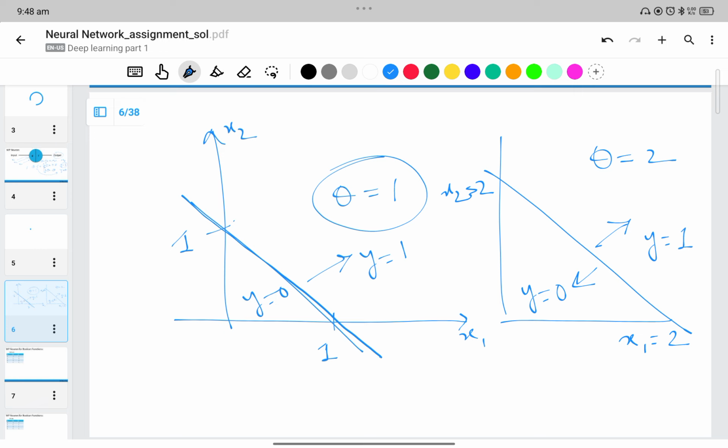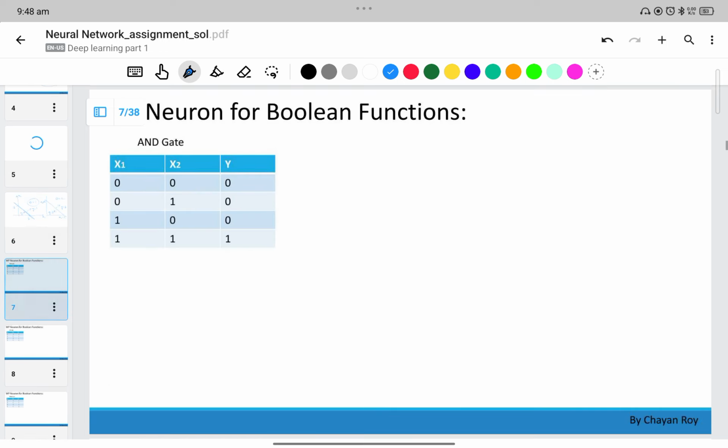Now let's calculate the AND gate, the most basic Boolean function, based on this MP neuron. This is our axis, let's say x2, x1.